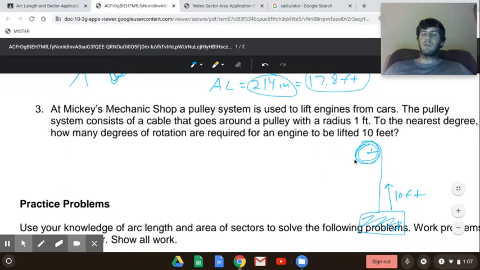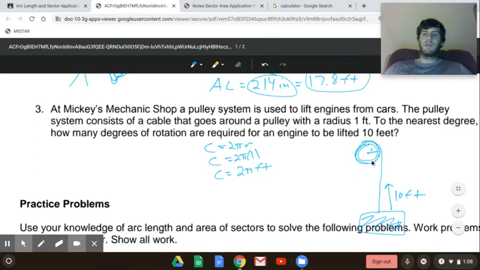So first off, we need to figure out what our circumference is. Right, so our circumference is 2 pi r. So our circumference is 2 times pi times 1, which is 1. So our circumference is 2 pi feet. Okay.